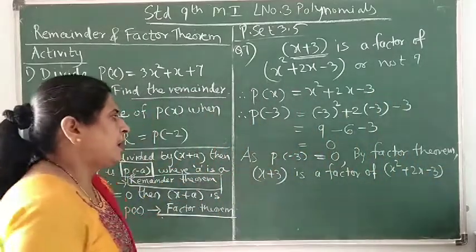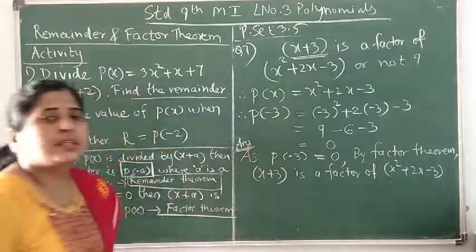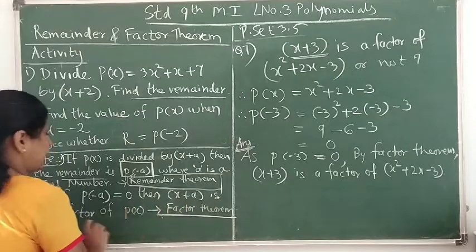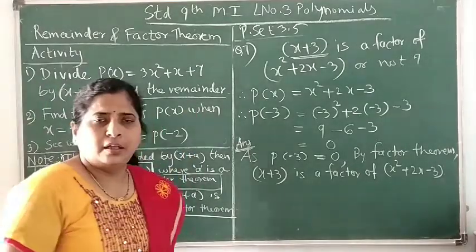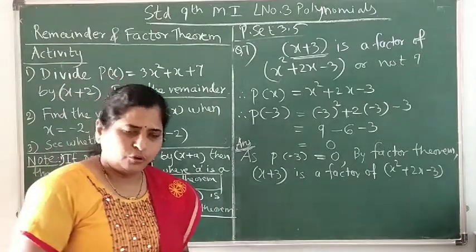So this is our answer. This is our answer statement. Using the factor theorem, if this value is 0, then x plus a is a factor of the given polynomial. So in this way you can decide whether the given divisor is a factor or not.